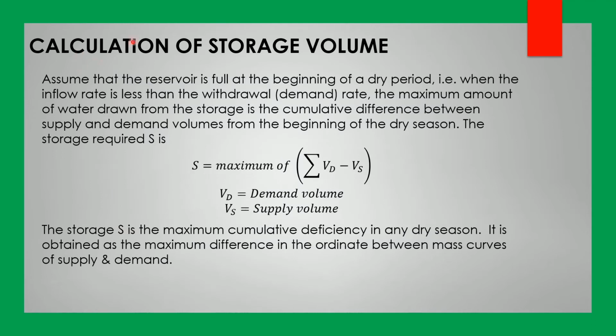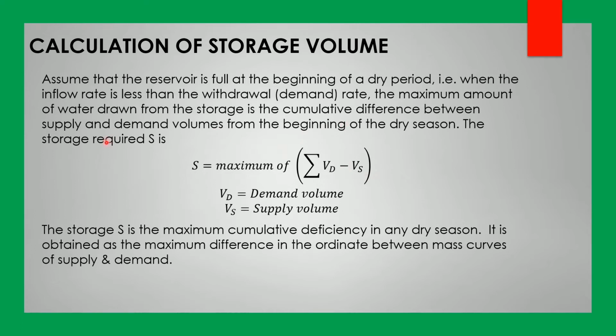So, calculation of storage volume. Assume that the reservoir is full at the beginning of a dry period. When the inflow rate is less than the withdrawal or demand rate, the maximum amount of water drawn from the storage is the cumulative difference between the supply and demand volumes from the beginning of the dry season.